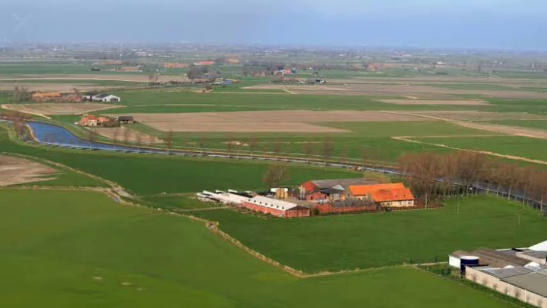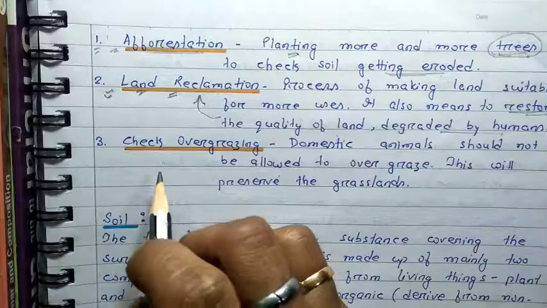Those types of land can be restored, or we can restore the quality of the land degraded by human beings. That's the meaning of land reclamation. One more example: if a plot of land is used for cultivating a particular type of crop for a long time, it will lose the fertility of the soil. At that time, if we use some fertilizers, we can again restore the fertility of the soil, and that land can be conserved. So that's the second point of land conservation.